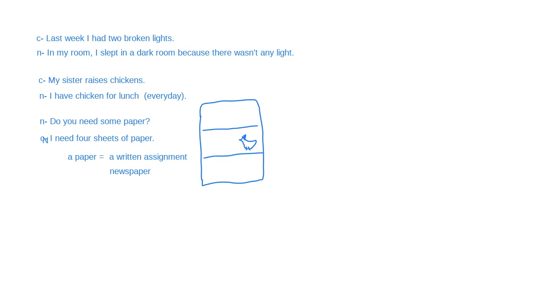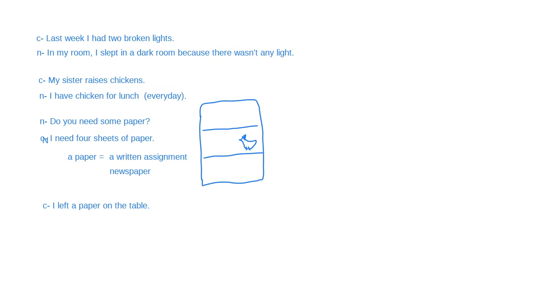Good. So how can we make a sentence with paper as a count noun? Walter, do you want to try that one? Yes, can I say, for example, I left a paper on the table? Mm, no. It would be a written assignment.